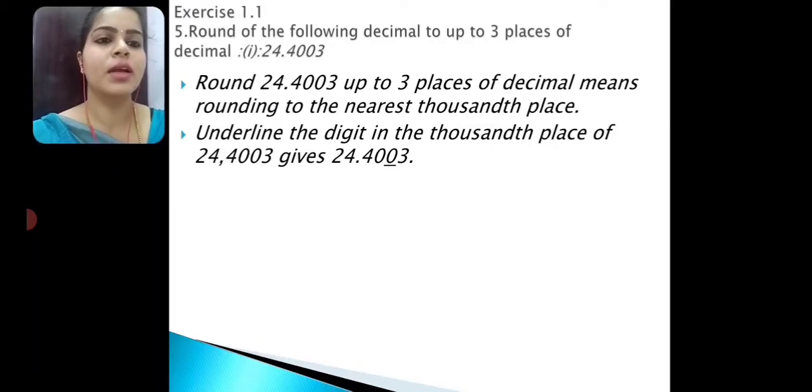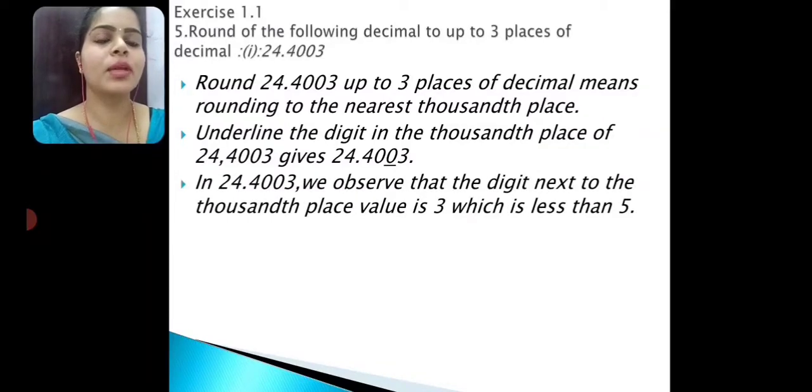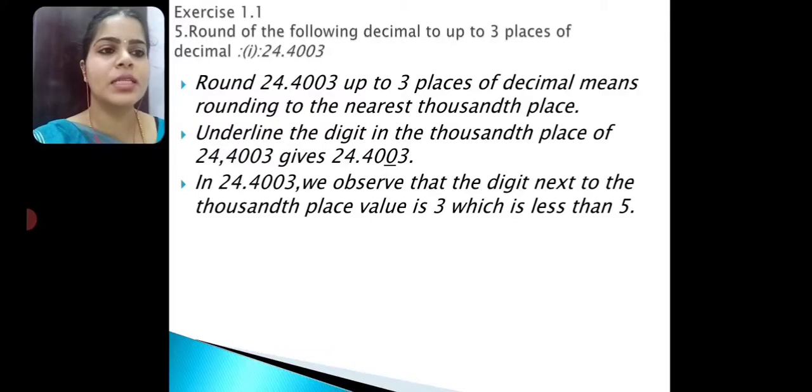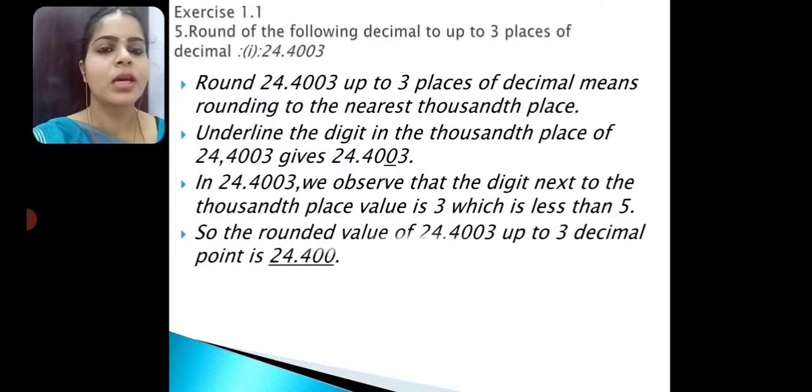We have underlined 0. We observe that the digit next to the thousandths place value is 3, which is less than 5. So, the rounded value of 24.4003 up to 3 decimal places is 24.400.